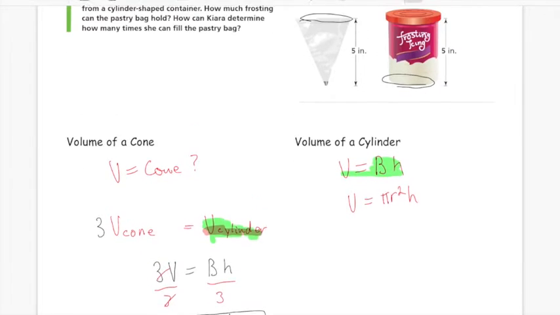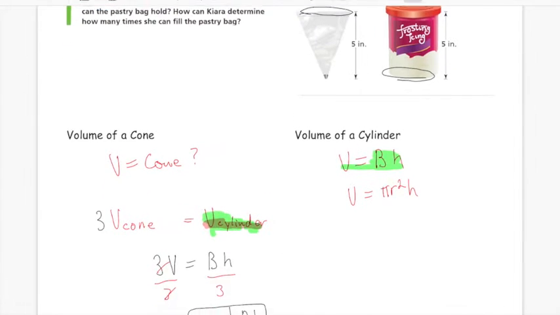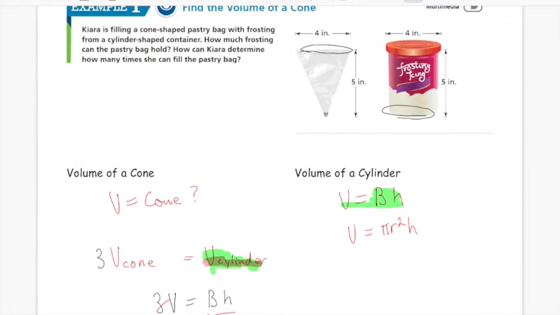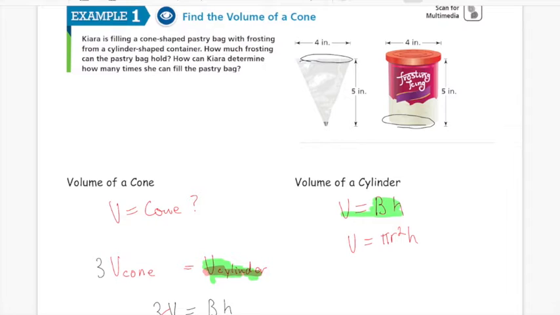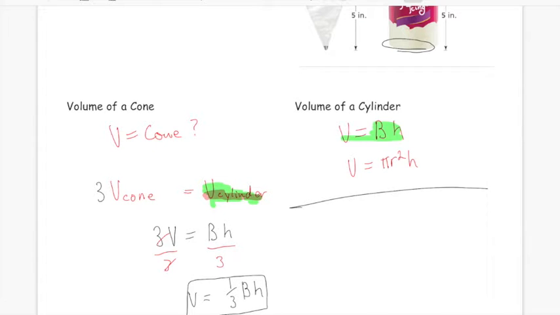So now back to our question. Kira is filling the cone-shaped pastry bag with frosting. So we have our formula here. So we know that our base, the radius, will be 2. So we have a radius of 2 and a height of 5.